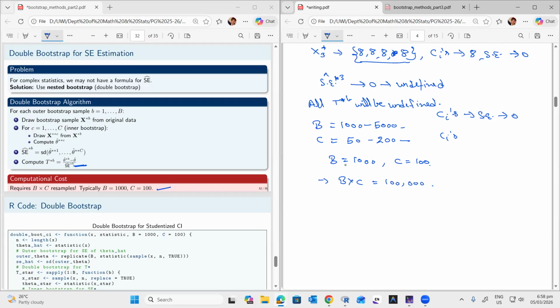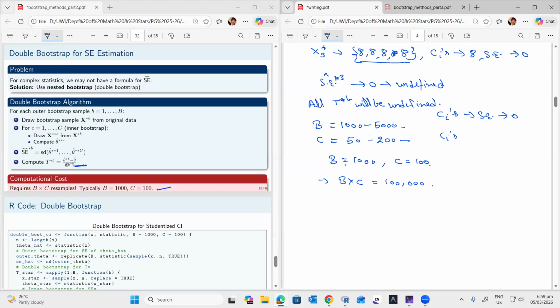Okay, so that is a very large number. It may take time and become complicated, but it will improve the coverage accuracy.